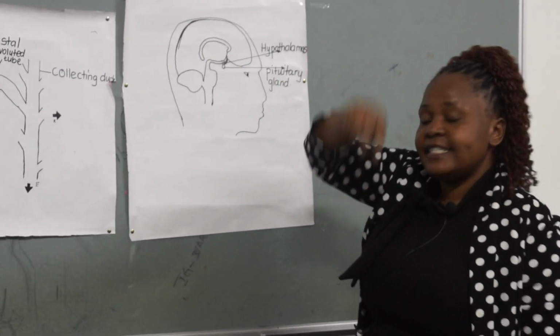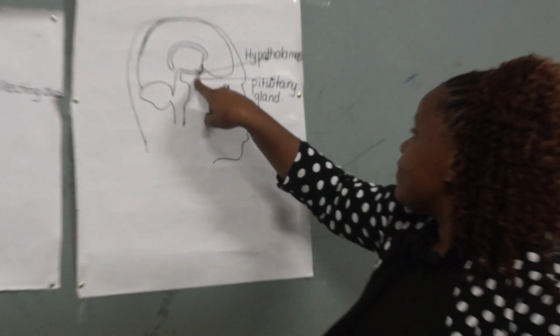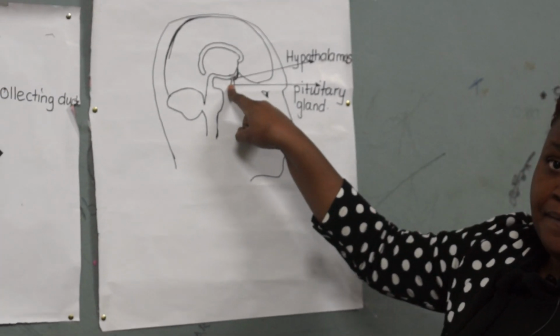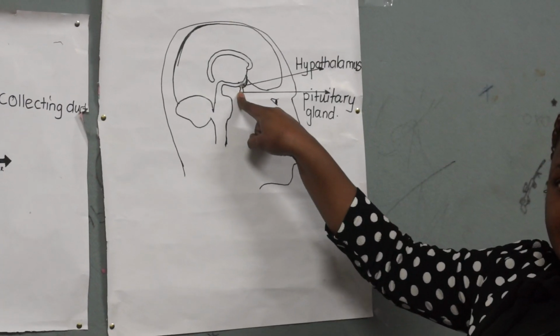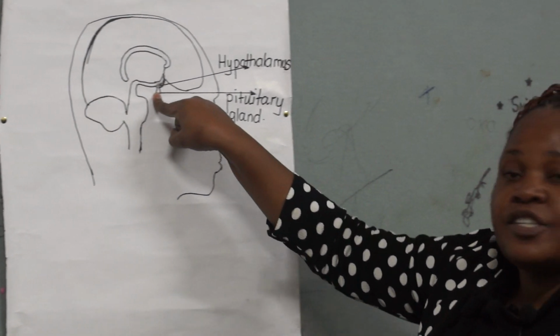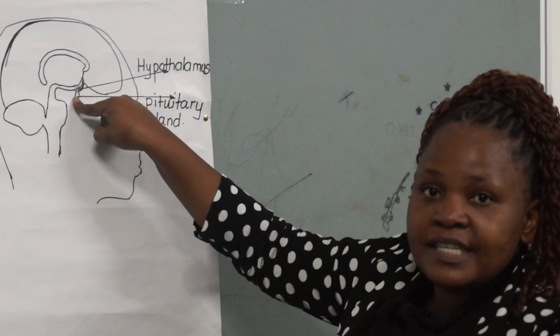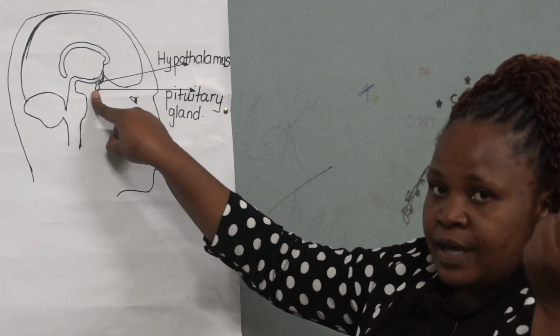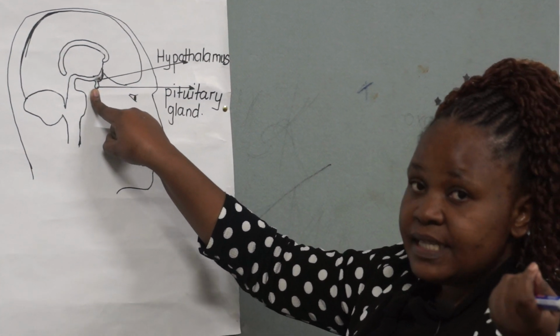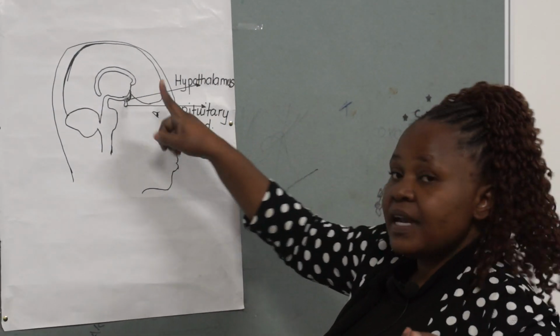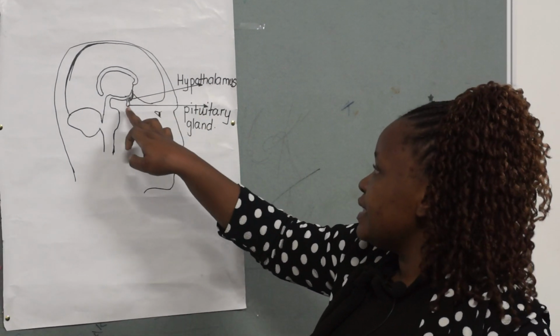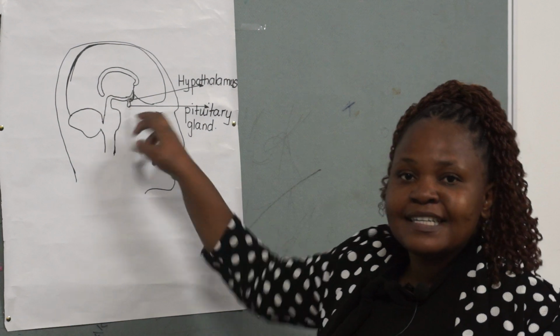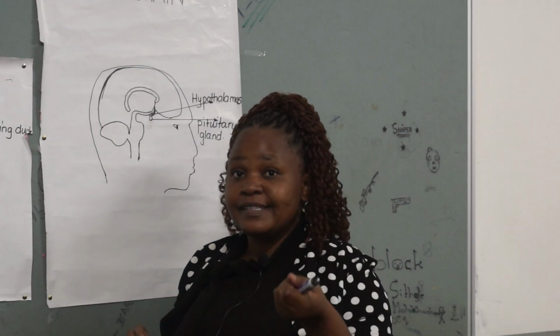What happens now if the osmoreceptors detect that there is too little water in the blood? The hypothalamus will send a message to the pituitary gland, an essential gland found in the brain, that there is too little water flowing in the blood.